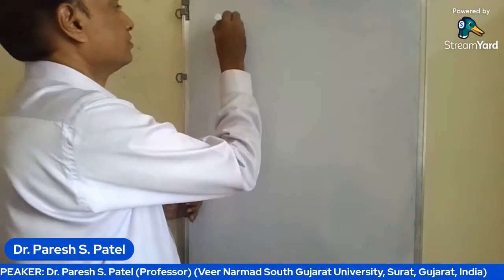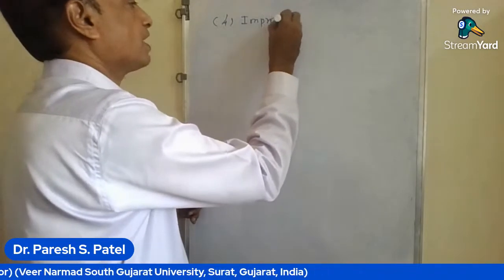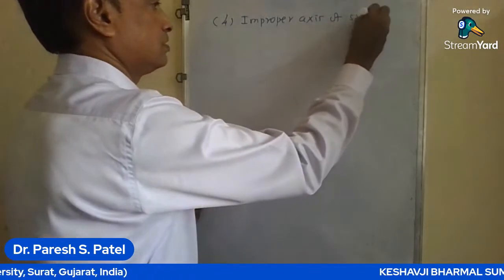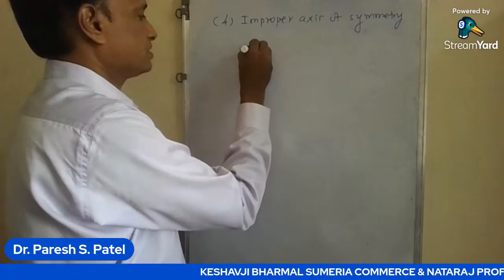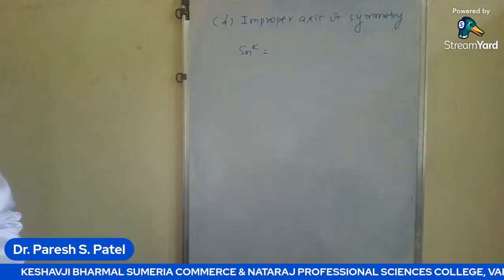Now the next symmetry operation is the improper axis of symmetry, and that can be represented as SNK.